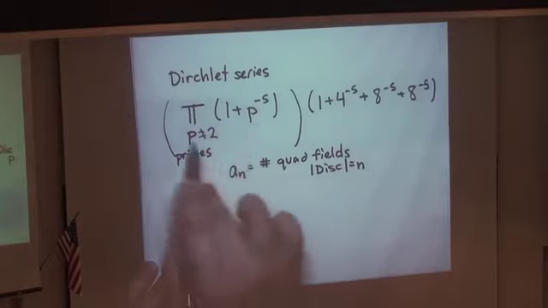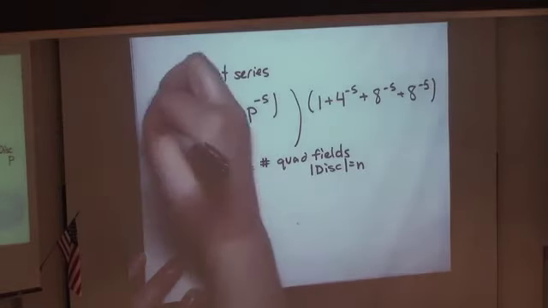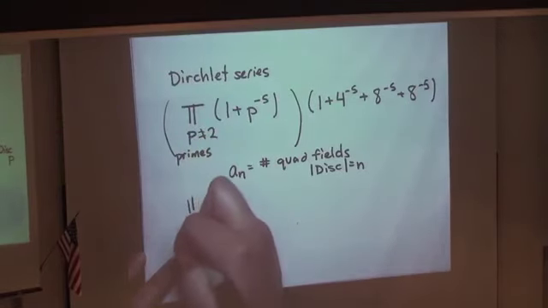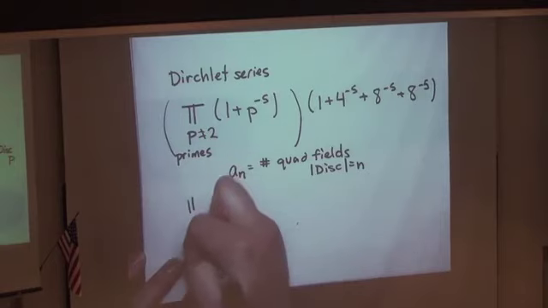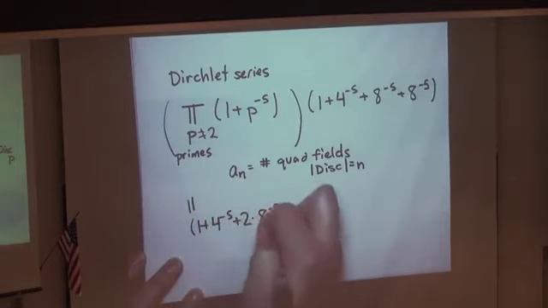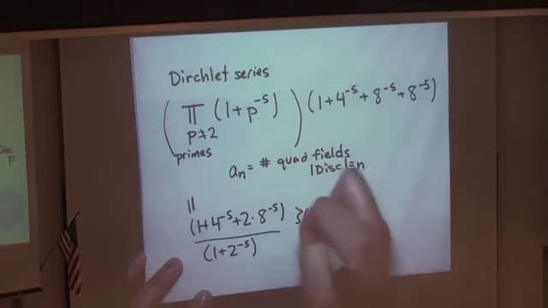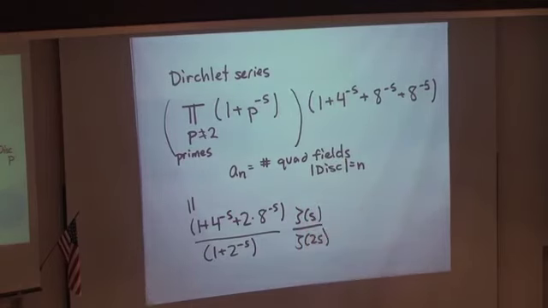Luckily, this part looks a lot like something that we actually know. If we forget about the 2 part and make it what it should have been, then this is zeta of s over zeta of 2s, where zeta is the Riemann zeta function.